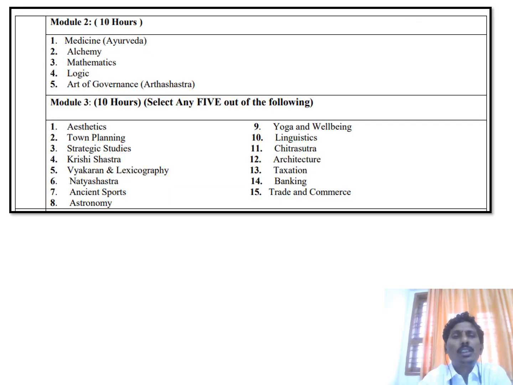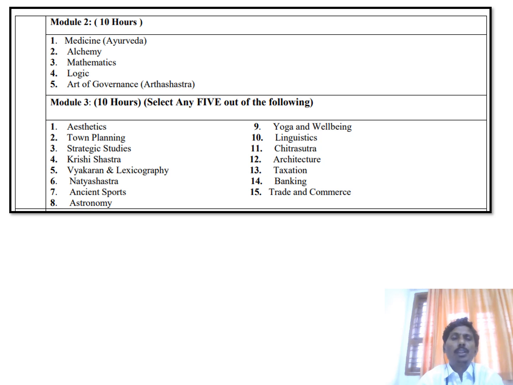The second unit is related to medicine, Ayurveda, because in India there is good knowledge of Ayurveda and medicinal knowledge. Alchemy is another. Third is mathematics, because zero was given by India to the universe.